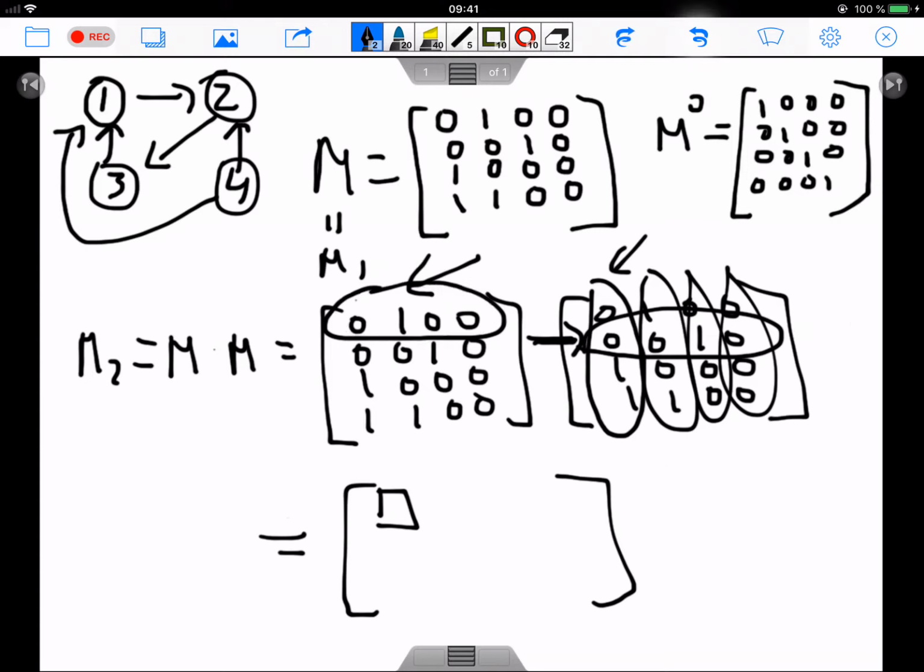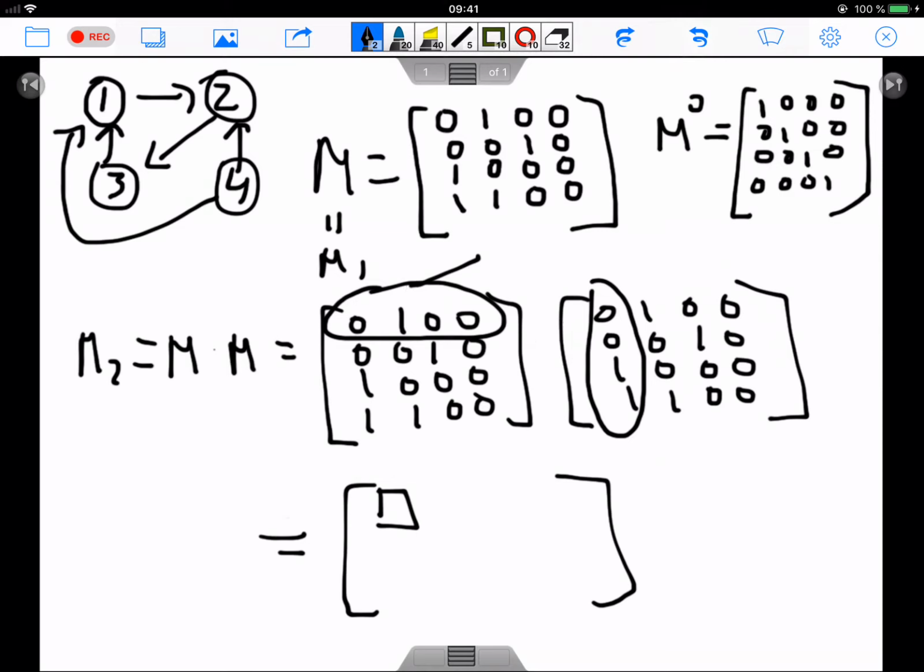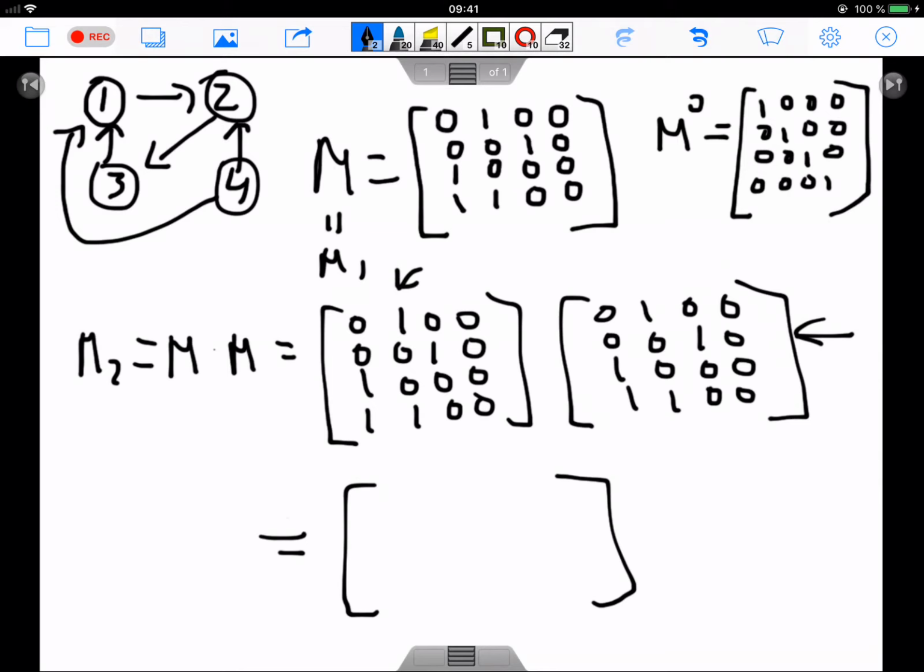So you can easily check that the result in the first row is exactly the second row in the matrix, because we have a 1 here in the second position. So what we get here is 0, 0, 1, 0.